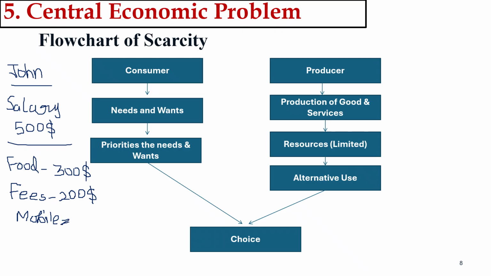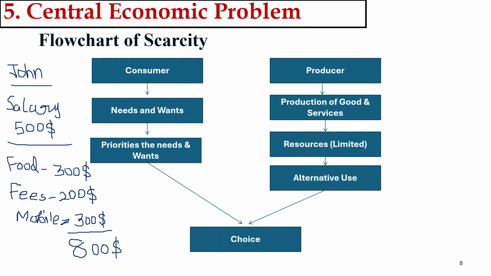The price of mobile is say $300. So these are the wants of Mr. John. When we add this together, 300 plus 200 plus 300, the total amount which is needed by Mr. John to satisfy all the needs and wants is $800.